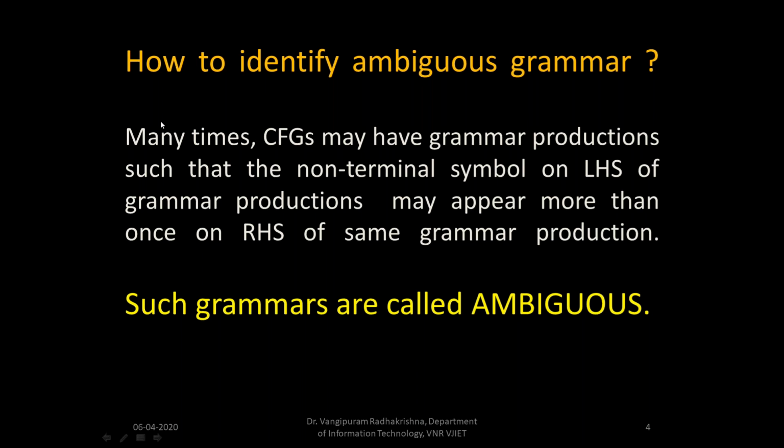So if there is at least one production in the given grammar such that this property holds good, then you can say that the given grammar is ambiguous in nature. The moment you say the given grammar is ambiguous in nature, you can conclude that the context-free grammar at your hand is not an LR0 grammar.